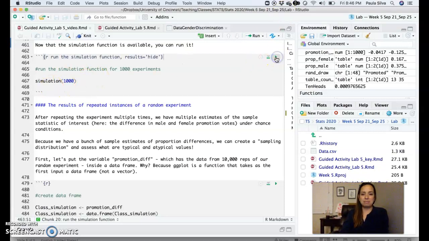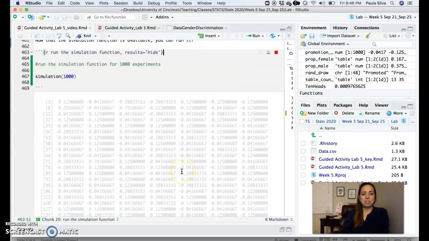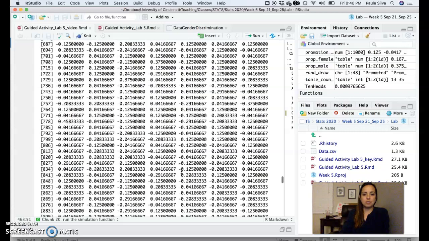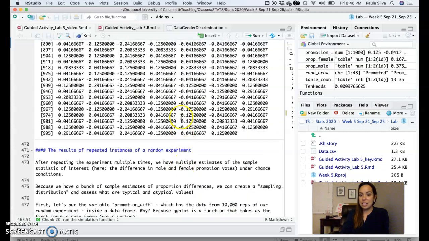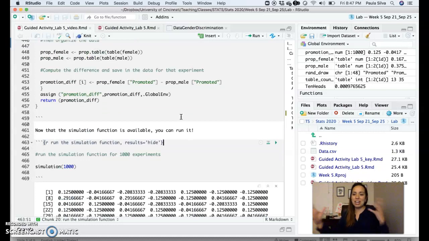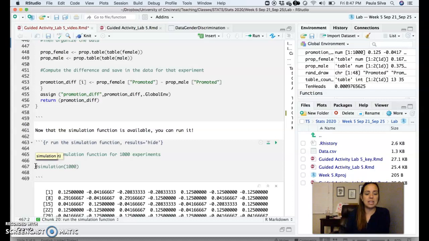When we run it, note that you have this long output with tons and tons of numbers, 1,000, and that's a very large number that allows us to say what's likely, what's not likely, right? Now, when you're knitting the document, you can only imagine that printing 1,000 numbers will take a lot of space. So when you have long outputs like this, just comment it out before knitting, okay?